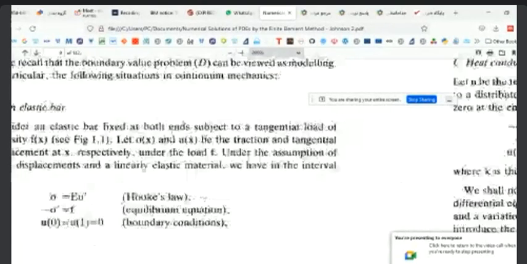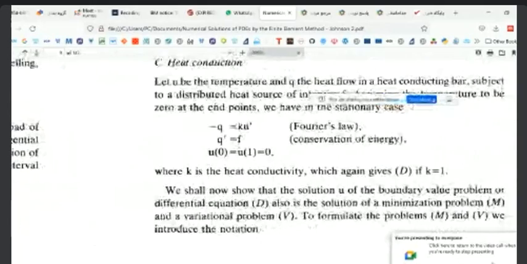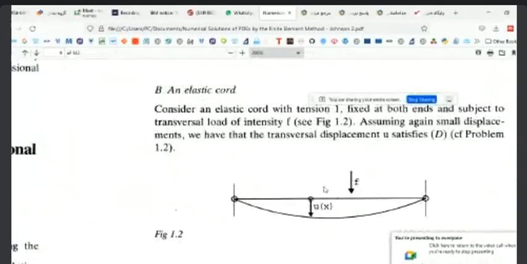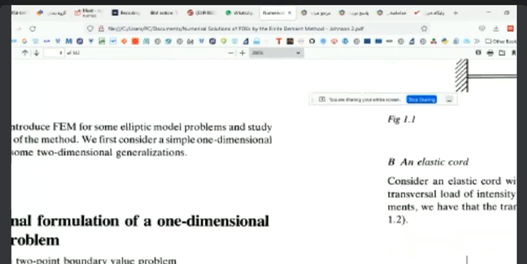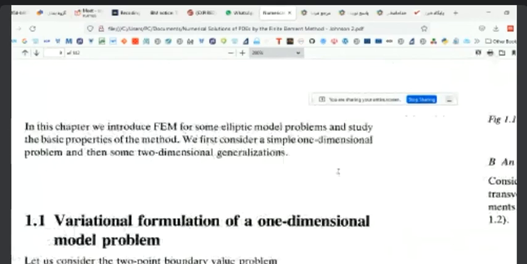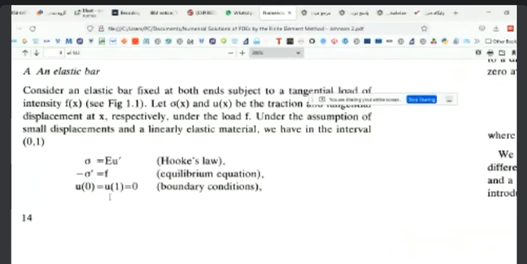In order to model this type of elastic bar with the horizontal force or load, it can be described by this differential equation.